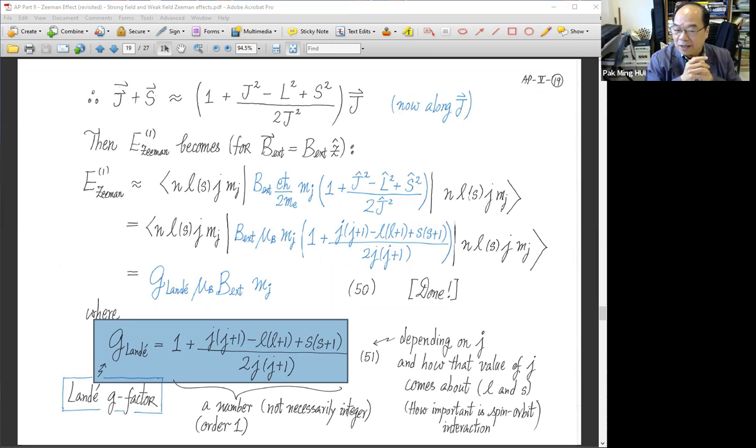Do you see? If you see a term symbol, you can calculate the Landé g factor because the information L, J, S, the 3 numbers here in equation 51, are embedded in the term symbol. Okay, so things are related. So once you have the term, actually you can also calculate the Landé g factor out.